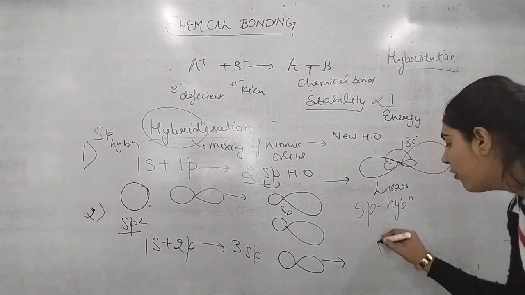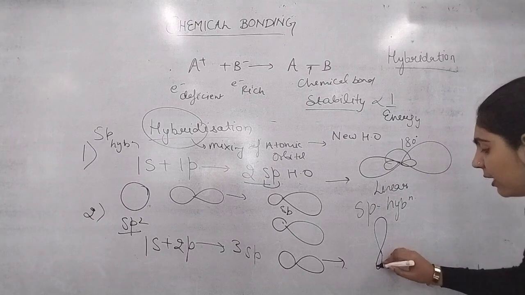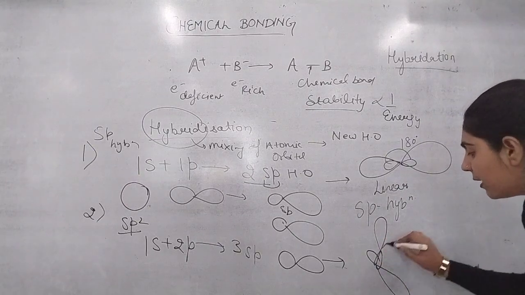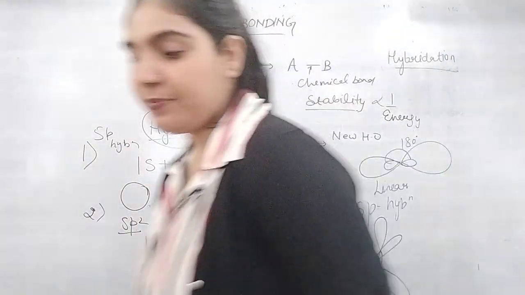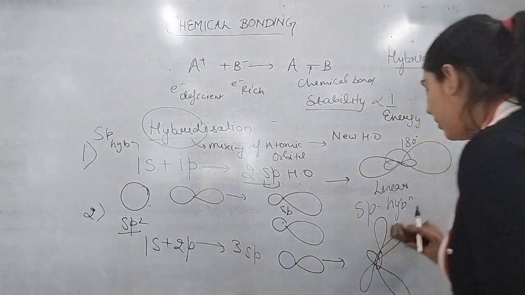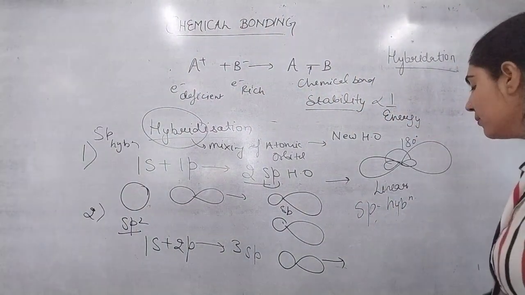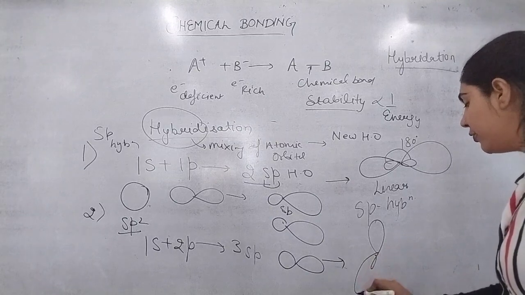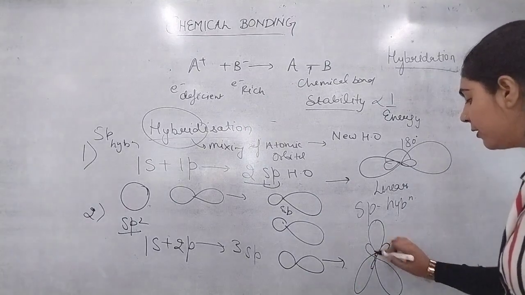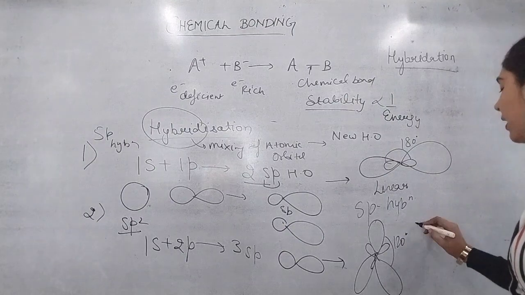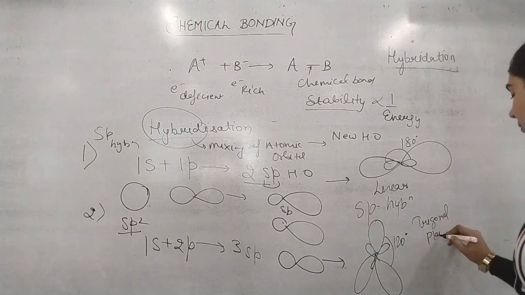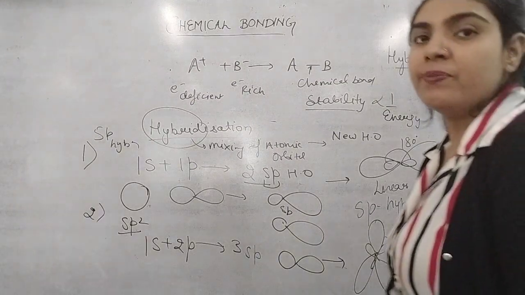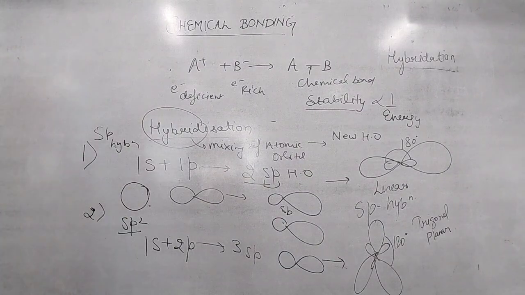That would be counted as one sp2 orbital, two sp2 orbital and three sp2. Fine. A little bit incorrect, I will make it again. One, two and three. So the angle would be 120 degrees and it would be trigonal planar. In the same way we will understand sp3 hybridization.